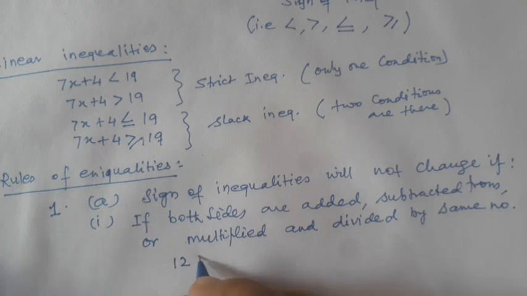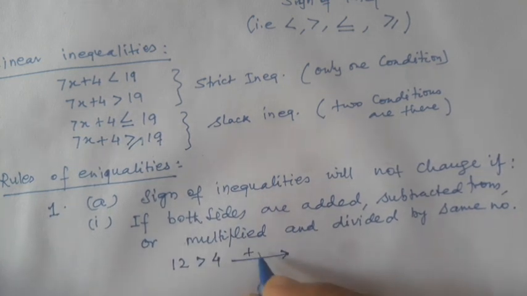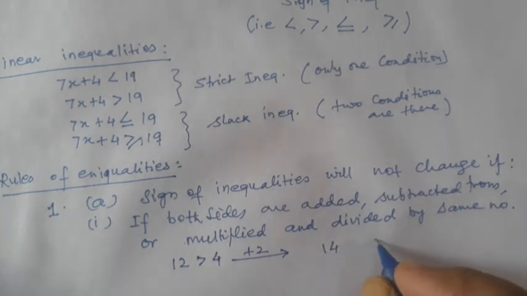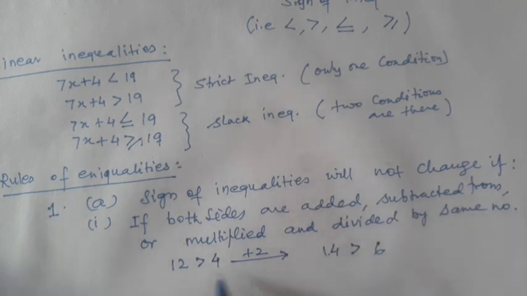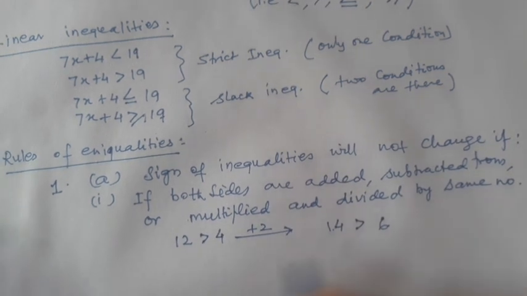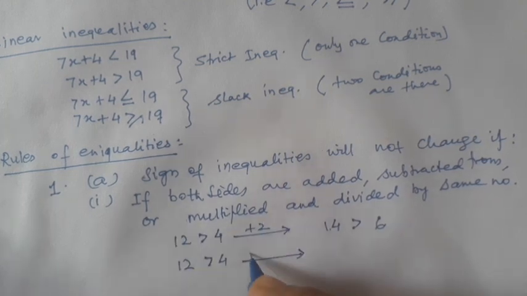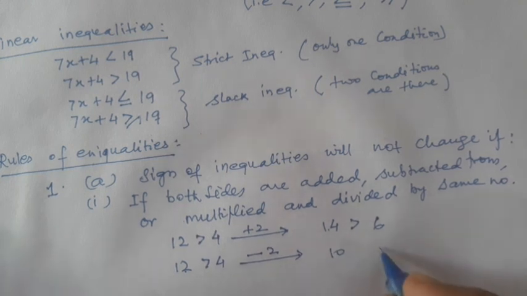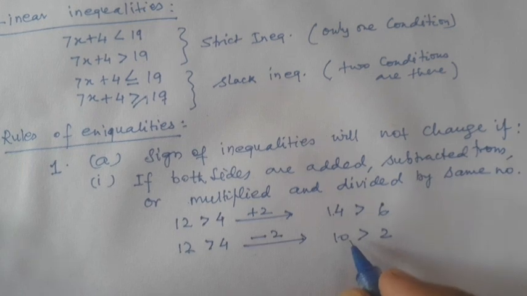Suppose, see here, 12 greater than 4. Added 2 to both sides, it will be 14 and 6. So 14 is greater than 6, so the sign remains the same. 12 greater than 4, minus 2, it will be 10 and 2, and 10 is greater than 2, so the sign remains the same.